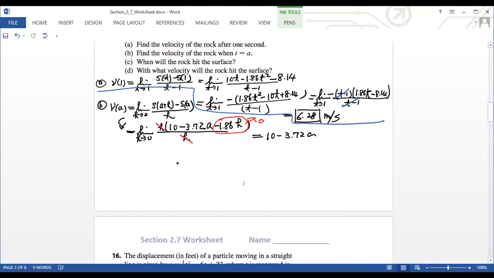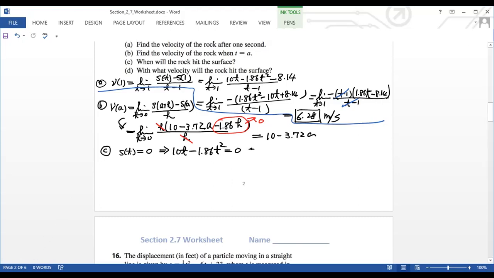Okay, now the last one, part C. They say, when will the rock hit the surface? When the rock hits the surface, that means my position function is going to be equal to zero, right? That means 10t minus 1.86t squared is going to be equal to 0.